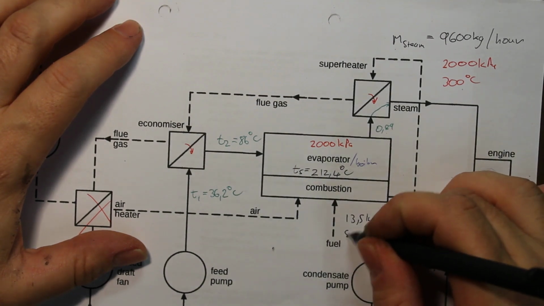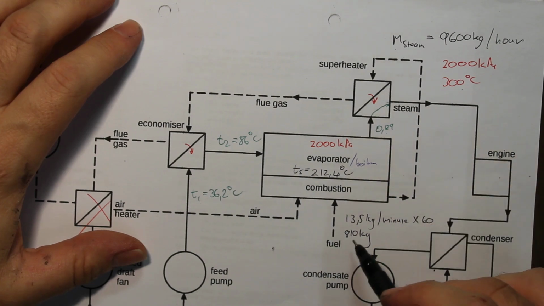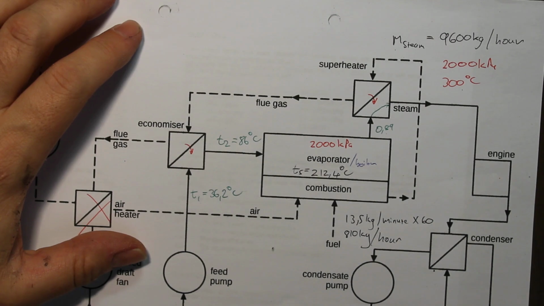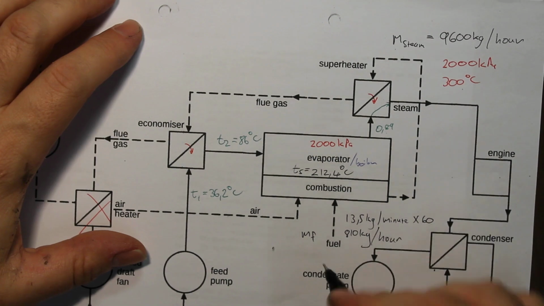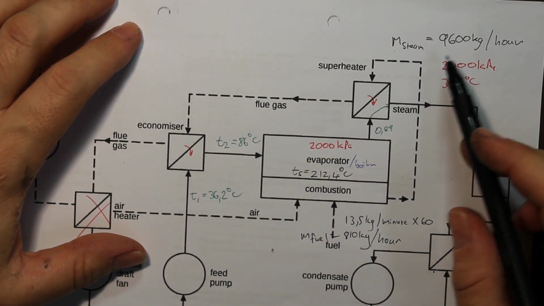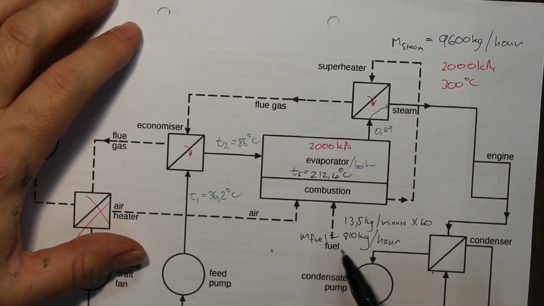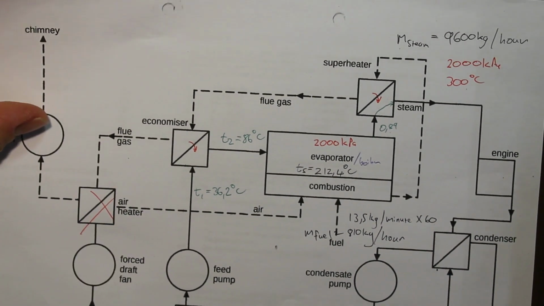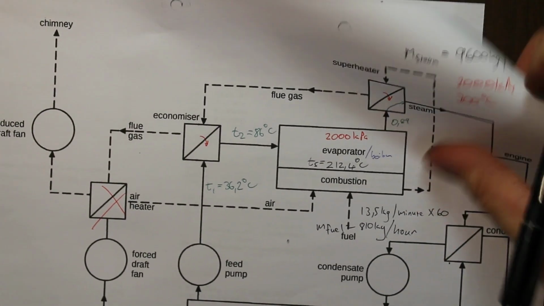So every hour we're going to use up 810 kilograms of coal per hour. This is what we're going to call our MF, or mass of fuel. So our MS is 9,600 kilograms per hour, and our MF is 810 kilograms per hour. I think that is all the information that they give us.